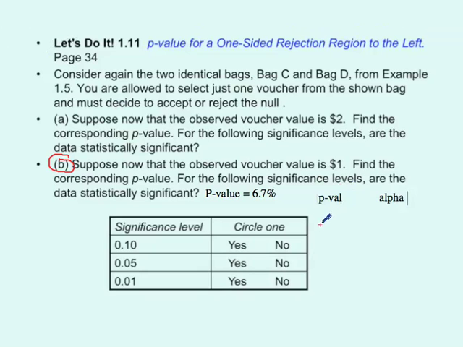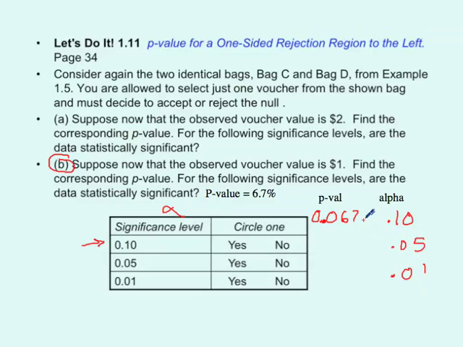It was 1/15th, or you can check it on your calculator, 0.067 taken out to 3 places. Let's take a look at our different significance levels. The first one was 0.10. These are levels of alpha, same as before. Or it's 0.05, or it's 0.01.